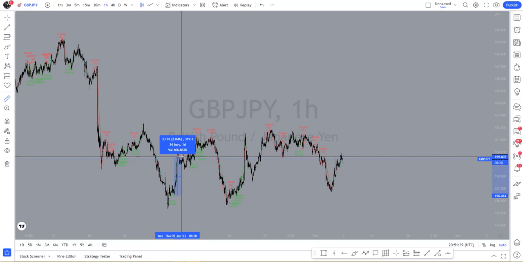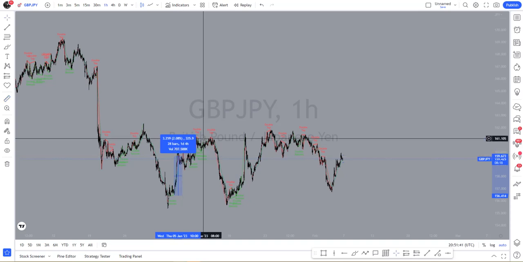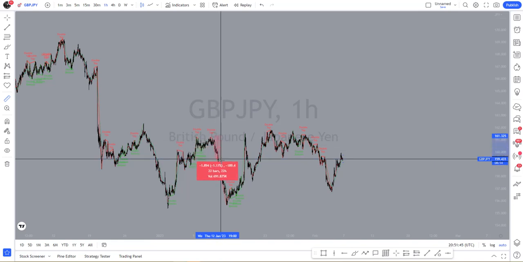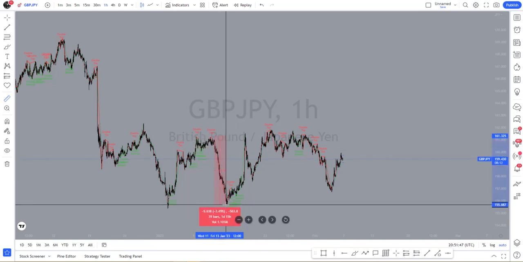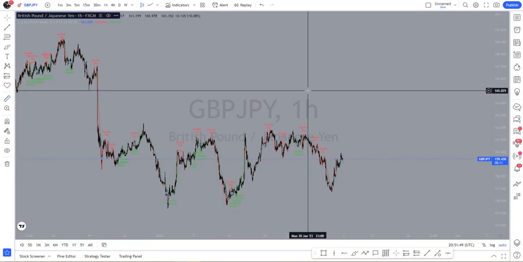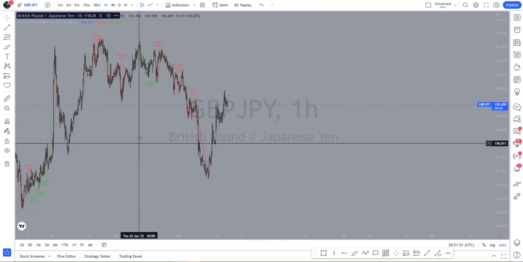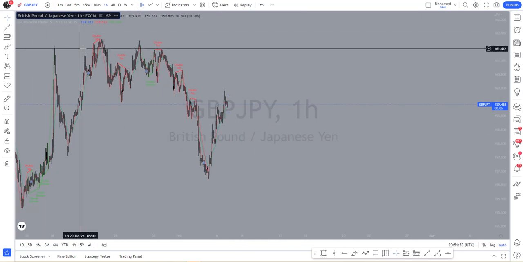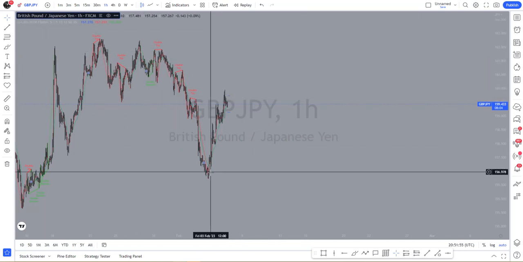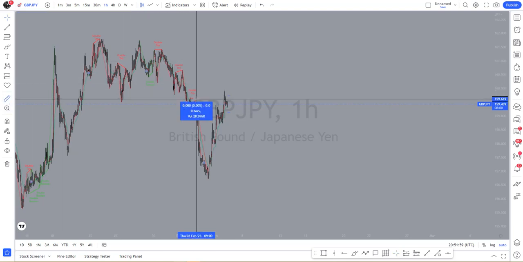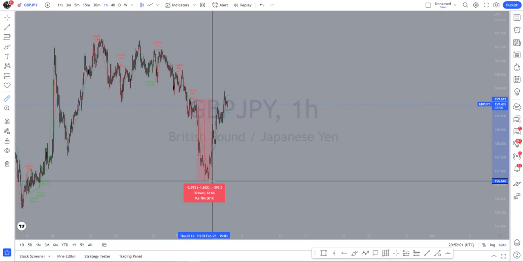That one there, 300 pips. Look at this big drop down here. Another 600 odd pips. Yeah, so this is a nice indicator when used in confluence with timing and the higher time frame direction. Really recommend you guys give this a try.